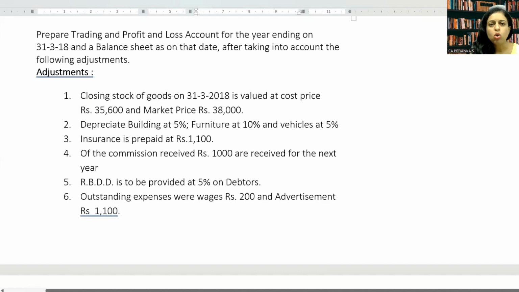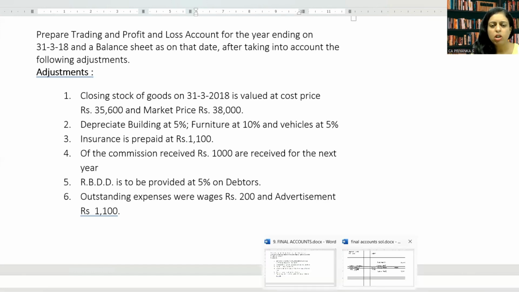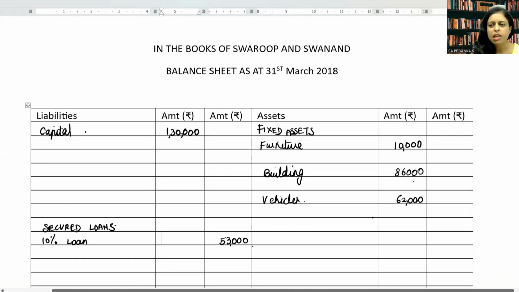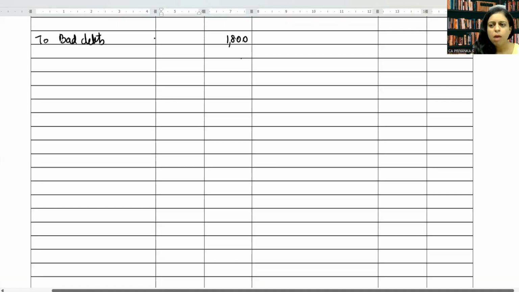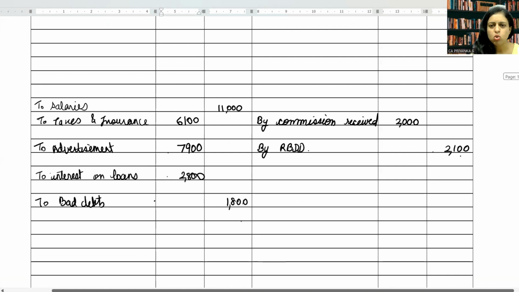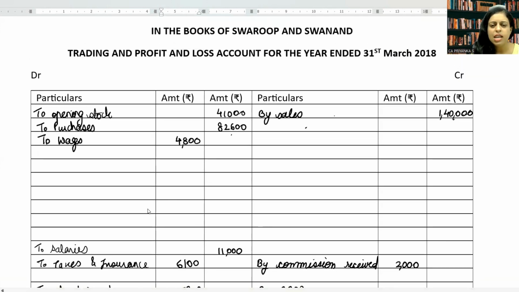Now closing stock. Closing stock is the simplest adjustment. Always remember closing stock comes on the credit side of your trading and profit and loss account. We have seen this when we did the adjustment entries video, right? But again, closing stock will be the amount remaining from your expenditure on purchases. It's as good as reversing the purchases, and I'm writing it as by closing stock.